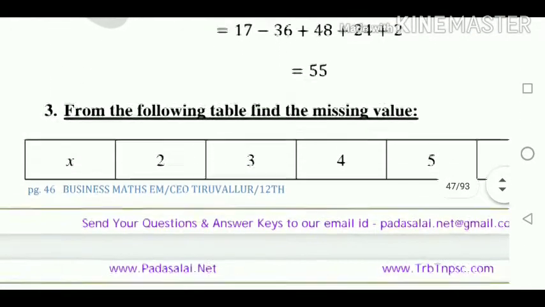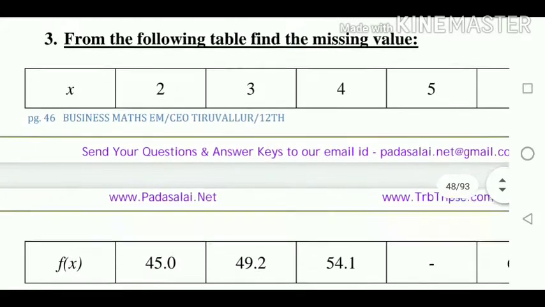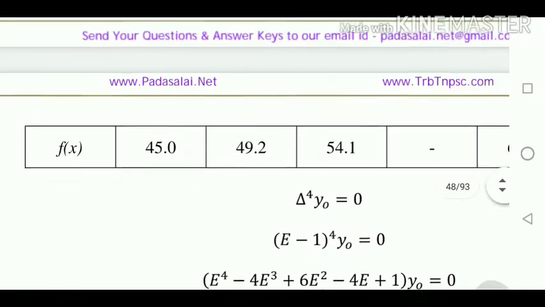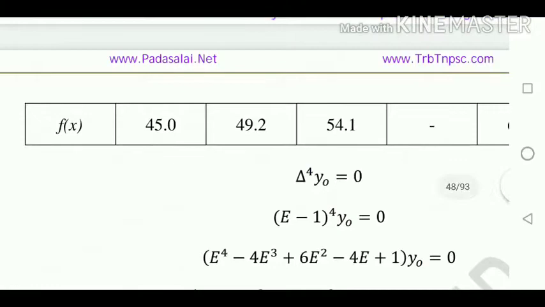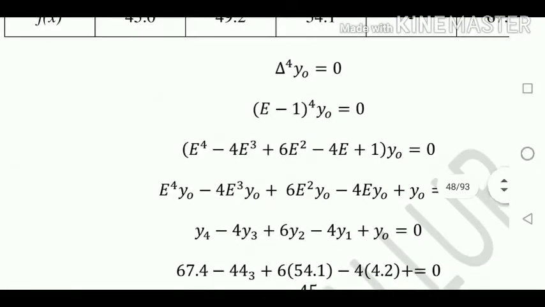The next type of question is: from the following table, find the missing value. Here x equal to 2, 3, 4, 5 and f of x equal to 4.5, 49.2, 54 and so on. I am using delta⁴ y0 equal to 0, that is (E minus 1) whole power 4 y0 equal to 0.